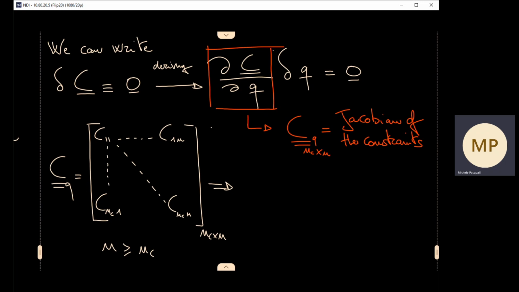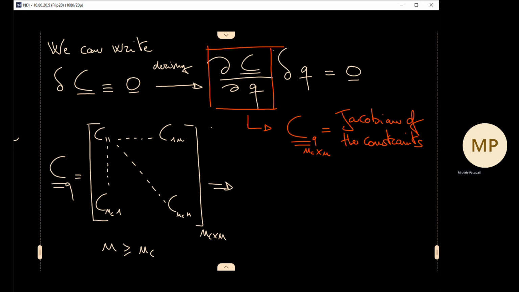So the rank is the maximum possible. Exactly. So when all of the different rows are independent rows. Well, what does it mean that they are independent rows? What is it that is independent? The constraint equations. Basically the rows are the coefficients of our constraint equations.